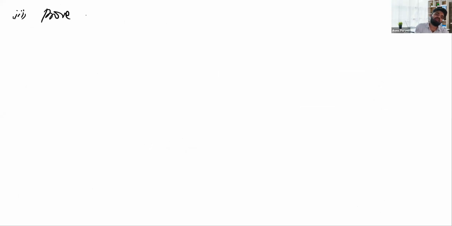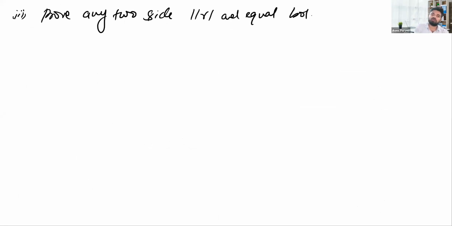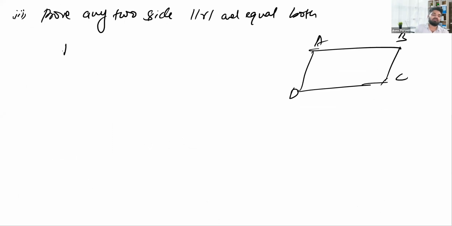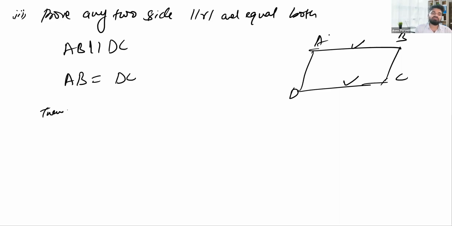For example, if you have quadrilateral ABCD, and you have proved that AB is parallel to DC, and you have also proved that AB is equal to DC, then this is sufficient to show that ABCD is a parallelogram.